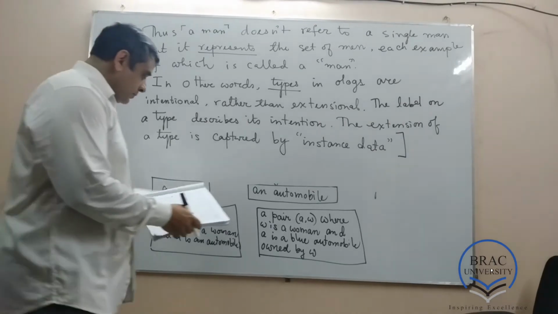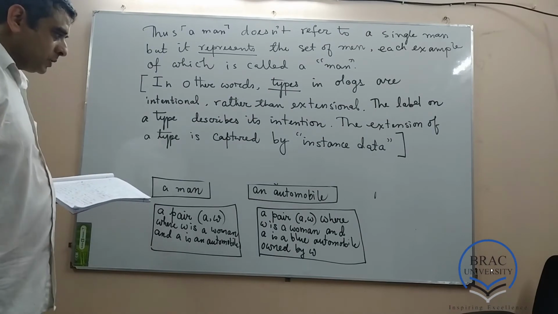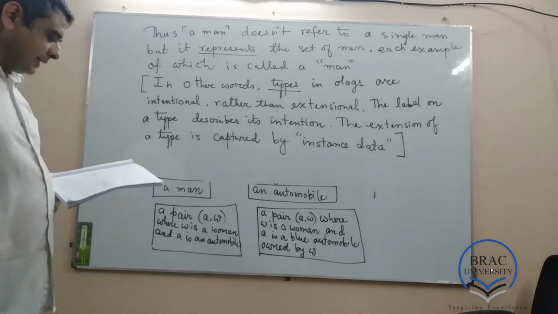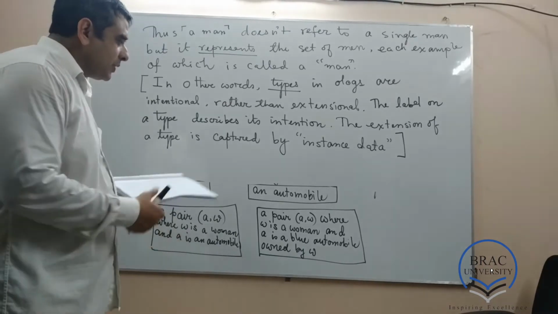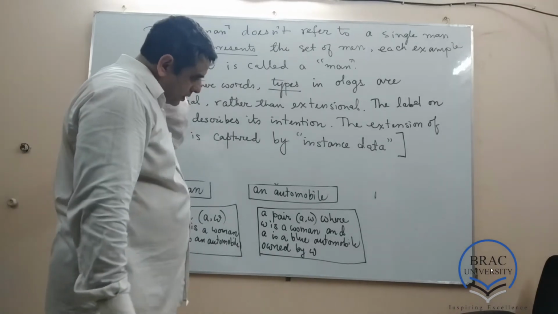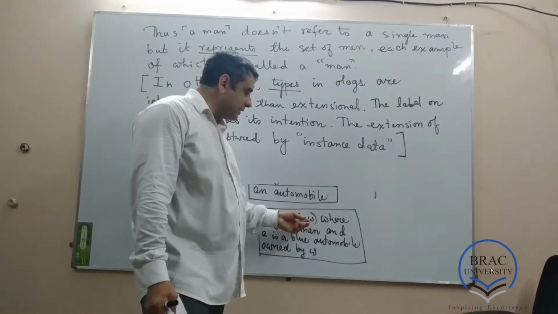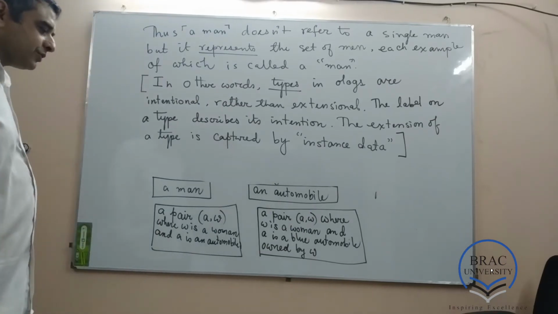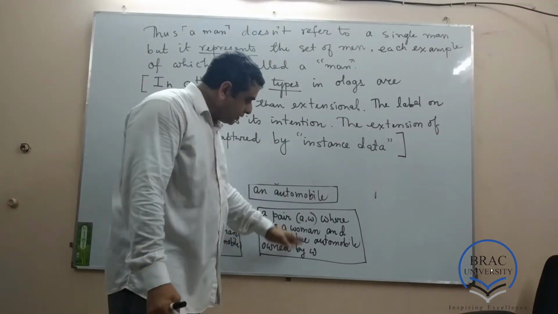Okay, so here, look at this box or a type which probably has a million examples, right? There can be millions of examples of this pair, a pair of A and W, where W is a woman and A is a blue automobile owned by this woman.